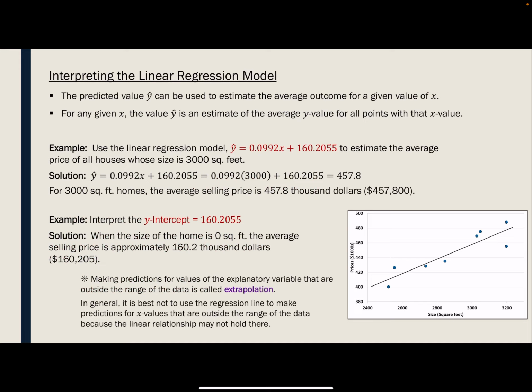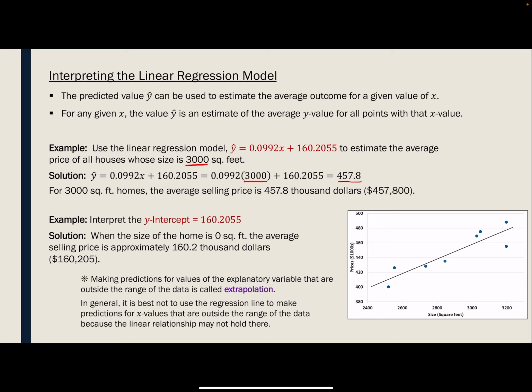So then what we would do is we are given the size as 3,000, so we're going to put that in for x. So we would have that y hat is 0.0992 times 3,000 plus the 160.2055.